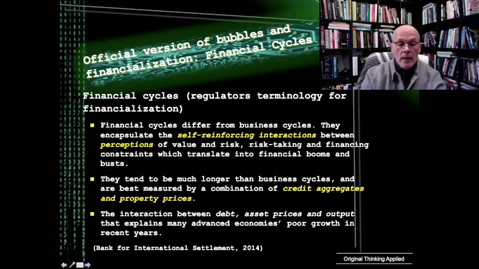And what they're saying here as well is that financial cycles tend to be much longer than business cycles and are best measured by a combination of credit aggregates, the amount of credit in the system, which we talked about at length already, and property prices.